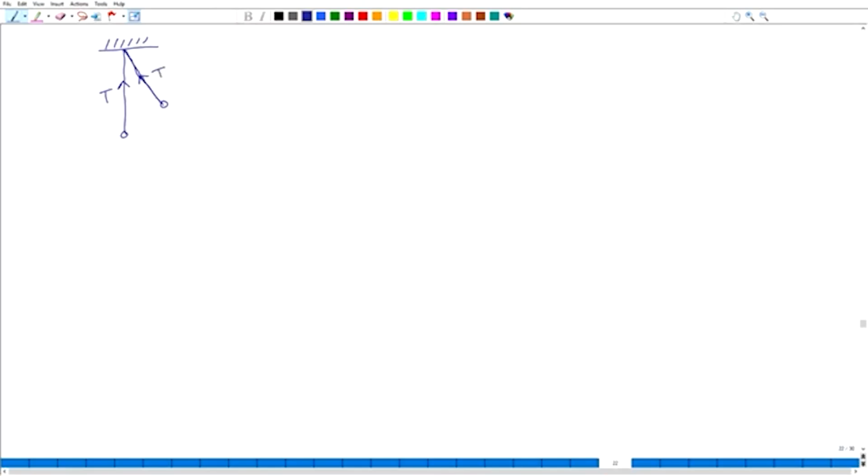Also, if the length is not constant but is a function of time, let us say L0 (1 plus sin omega t), even then it should have a tension, but that tension can actually vary now.